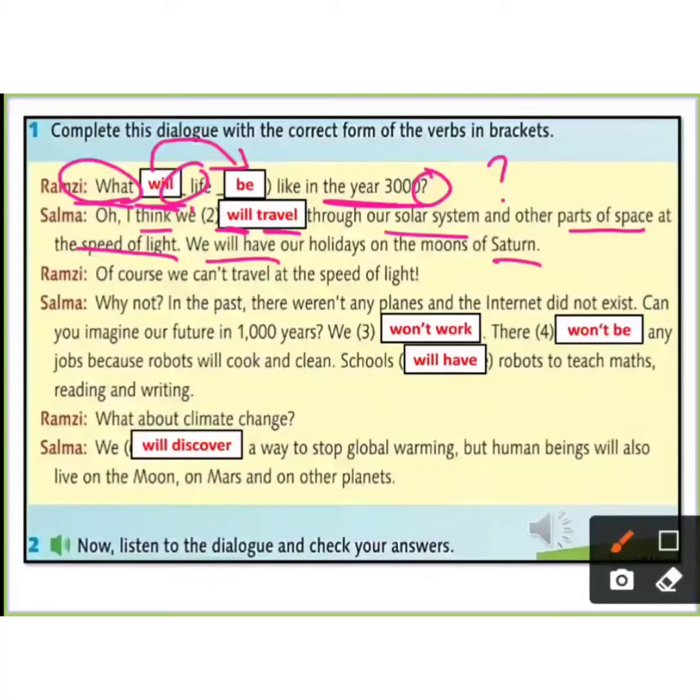Which has many moons. Unlike the Earth. Earth, our planet, has just one moon. But Saturn has many moons. At least 62 moons. Can you imagine?